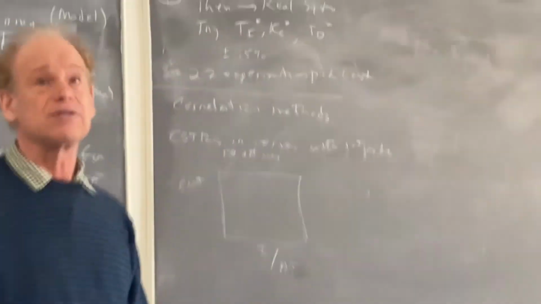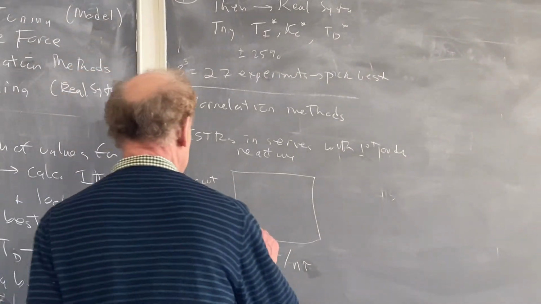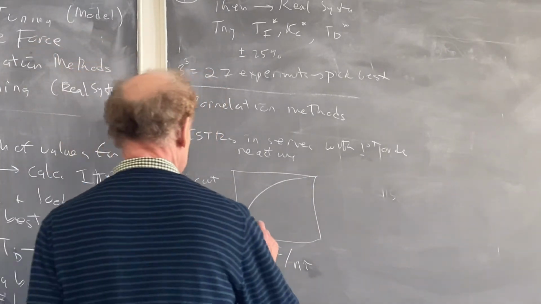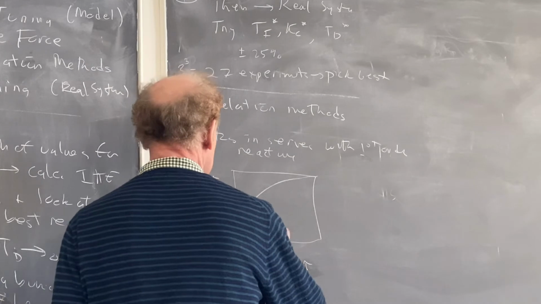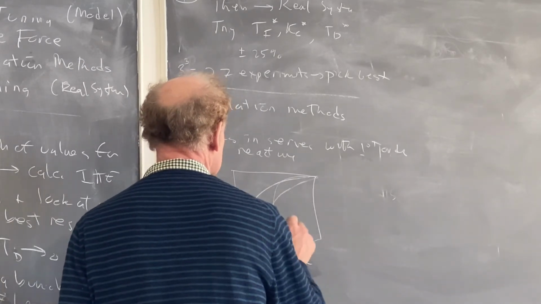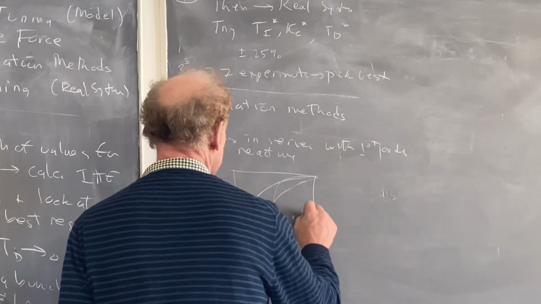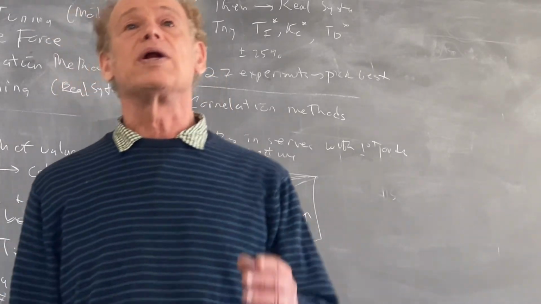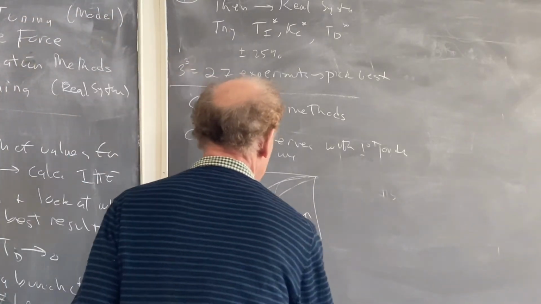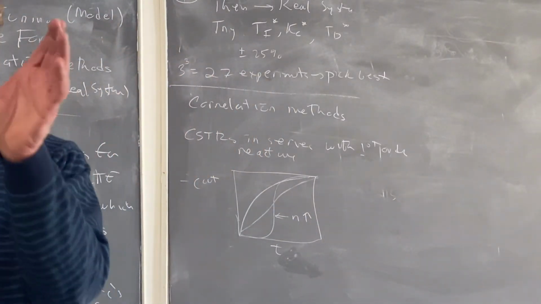So if I have n reactors, we plotted one reactor versus t, and it looks like this. If I have two reactors, it looks a little different, and eventually it started looking like this, as n goes up. The idea here is that I take the same total space-time and divide it into more and more CSTRs.